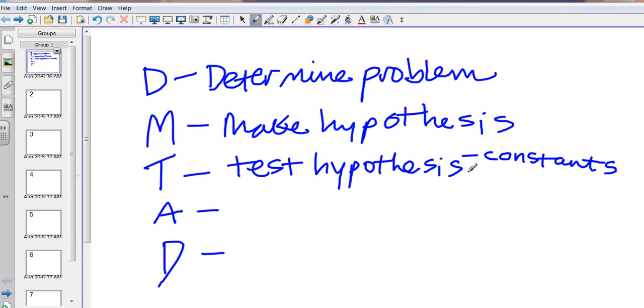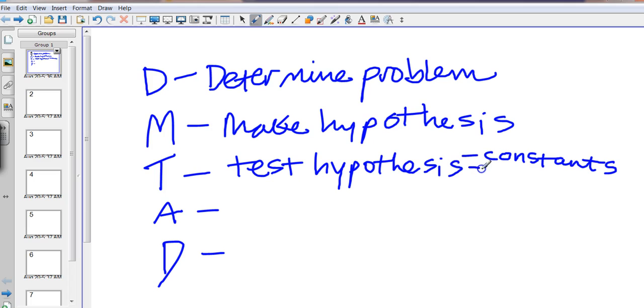Maybe the amount of gravel that you have in there, the temperature of the water must all be the same, the lighting in the room must all be the same, the number of crayfish that you have in the tank must be the same. So those are just some examples of constants.